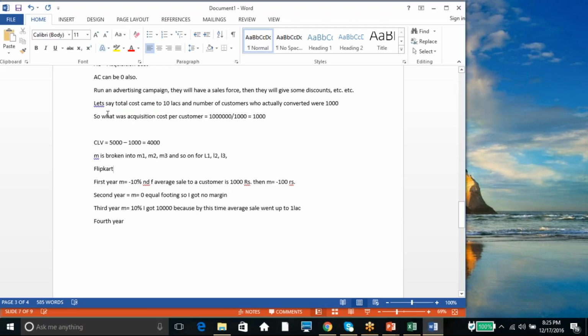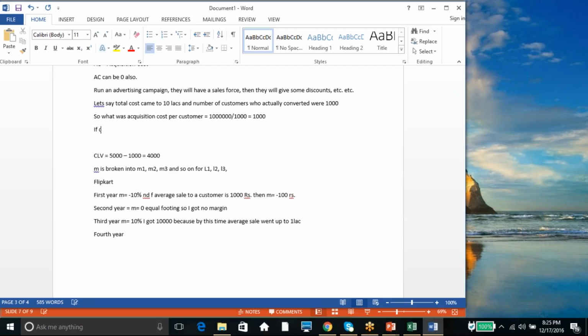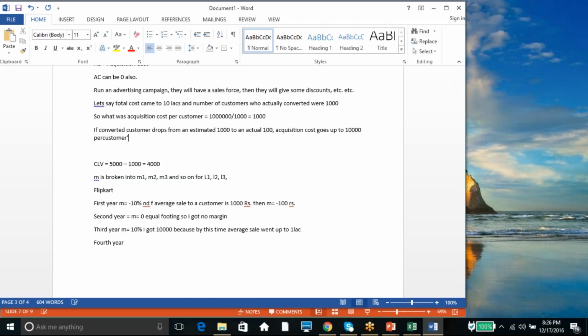So like we said over here, acquisition cost, if the converted customers drops from an estimated 1,000 to an actual 100, acquisition cost goes up to 10,000 per customer. Now the CLV has become minus 5,000.